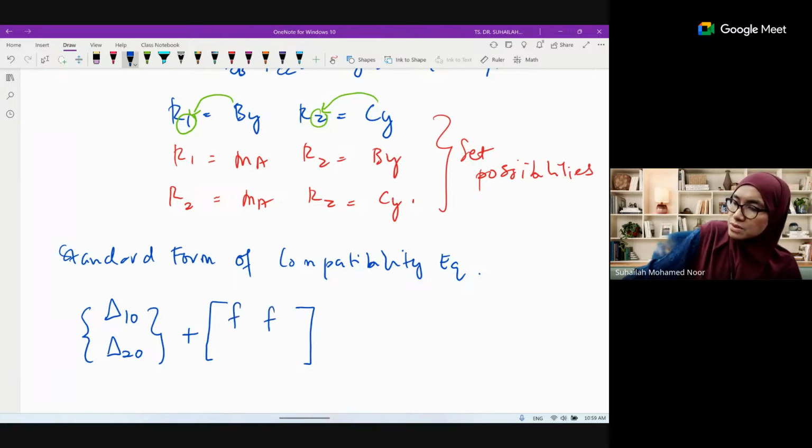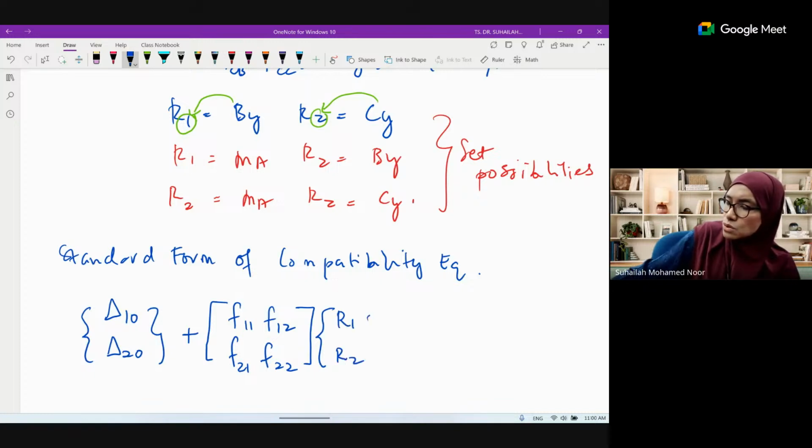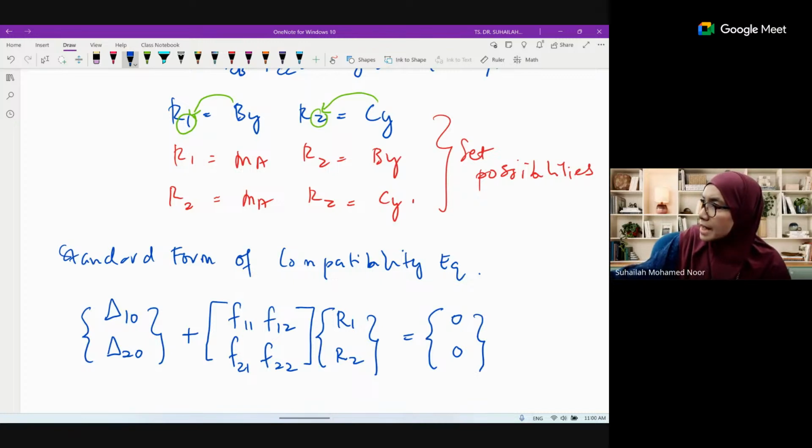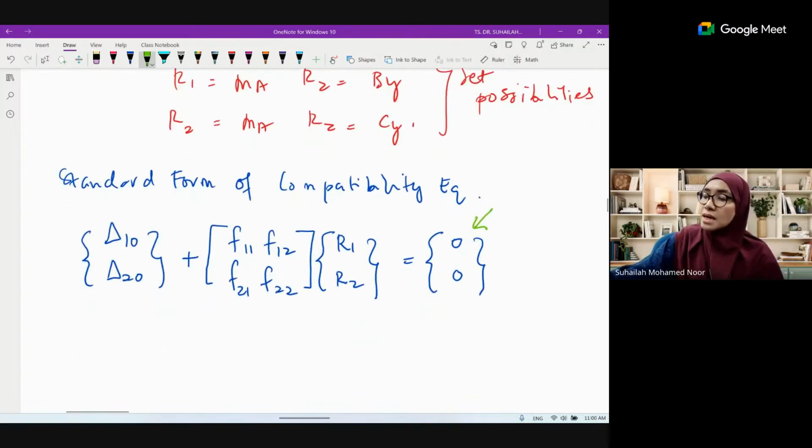So all the F matrix: F11, F12, F21, F22. Don't forget the redundants, R1 and R2, and equal to 0 in the actual structure. Can the 0 be non-zero? Is there a case where it is not zero? It is zero because there are supports. It is not zero if there is support settlement.